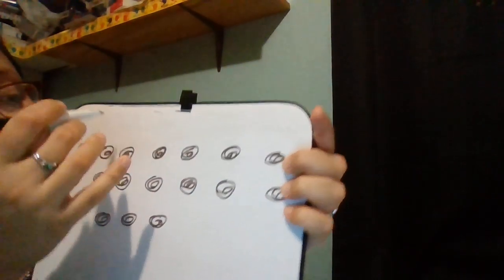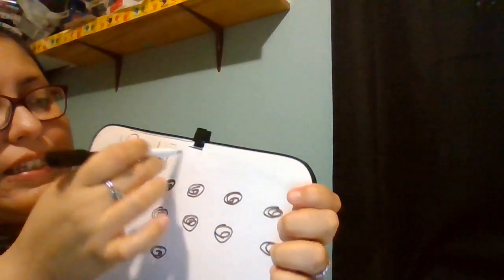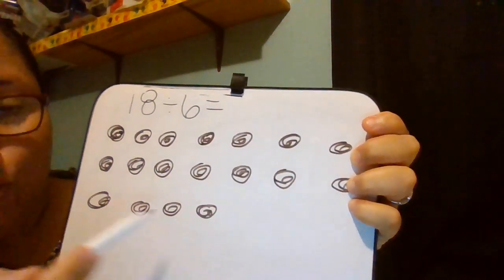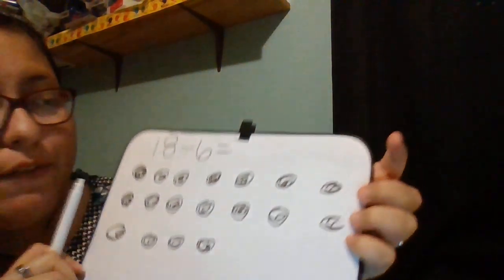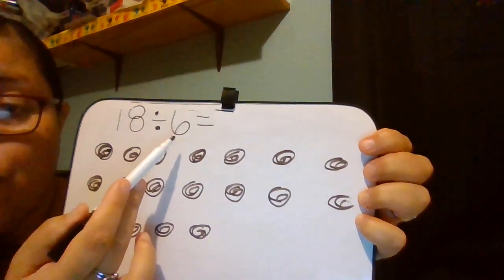So the sentence is 18 divided by 6. So I have 18 total. That's my first number, how many I have total. And then I need to circle 6.